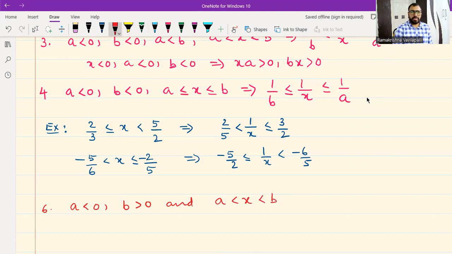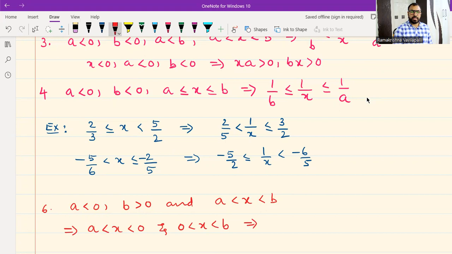So here in between 0 is there. So what we have to do, this implies A is less than X less than 0, we have to break at 0, and 0 less than X less than B.